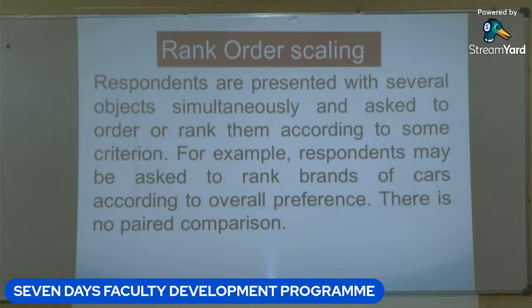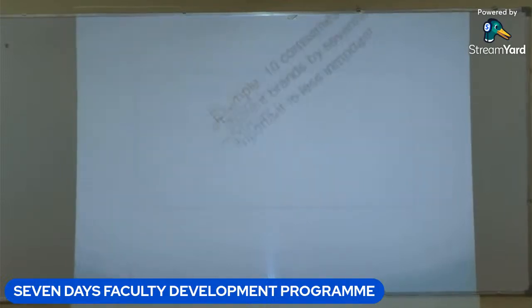For example, if cars are to be ranked based on their brand, suppose you have 4 brands of car. What is your first preference, whether it is Maruti, or Volkswagen, or any other? Like that they have to rank their opinions.